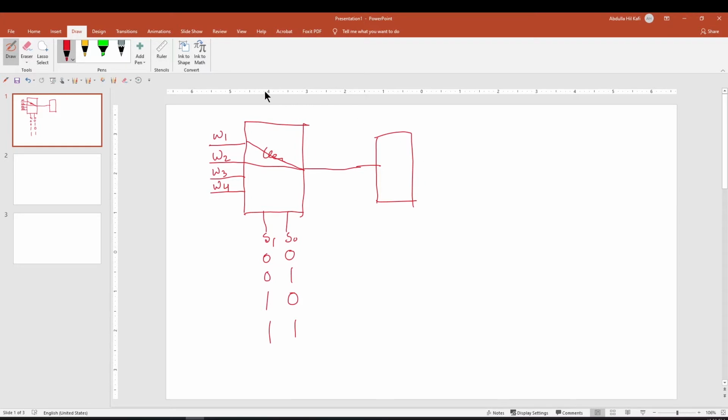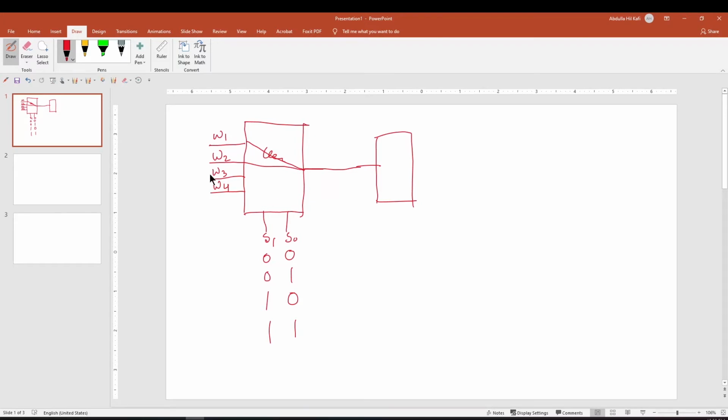So this system is called the multiplexer. It is working as a data selector. Whenever you need W1, you select 0 0, W1 will be connected to the output, and this system will get the W1 data.